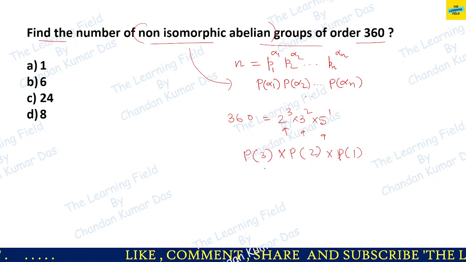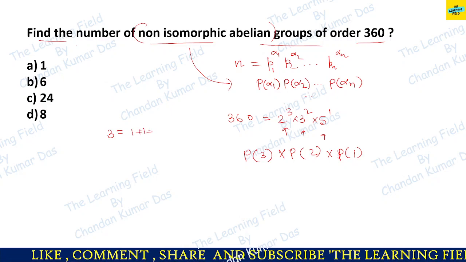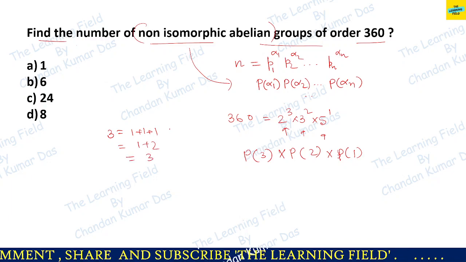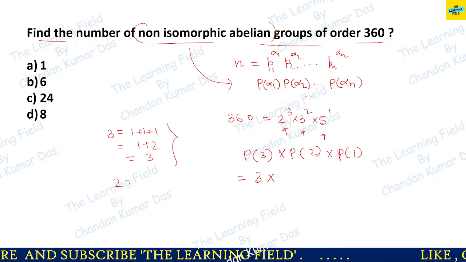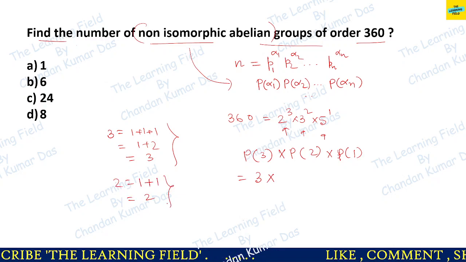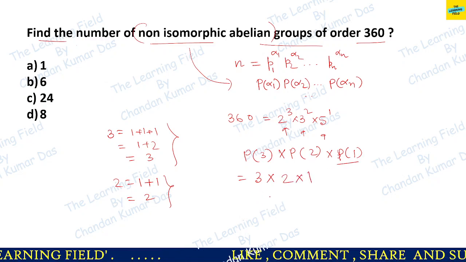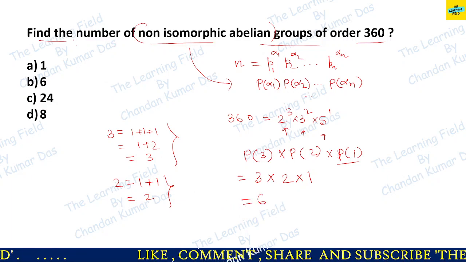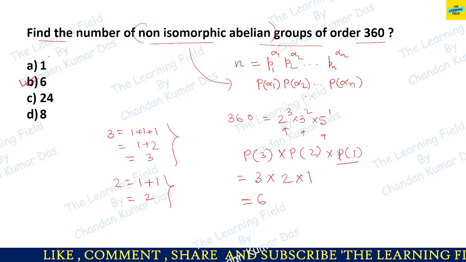The partitions of 3 are 1 plus 1 plus 1, 1 plus 2, and 3, so there are total 3 partitions. We can partition 2 as 1 plus 1 and 2, so there are 2 partitions here, and the partition of 1 is simply 1. So we get a total of 6 groups. The answer is option B, 6.